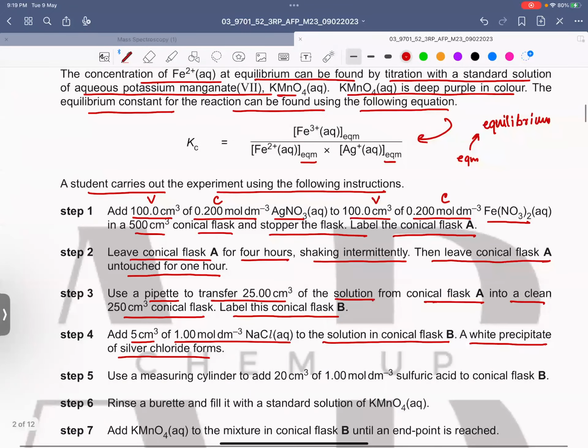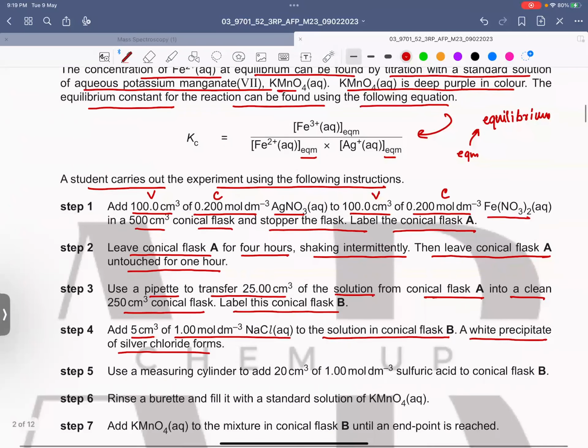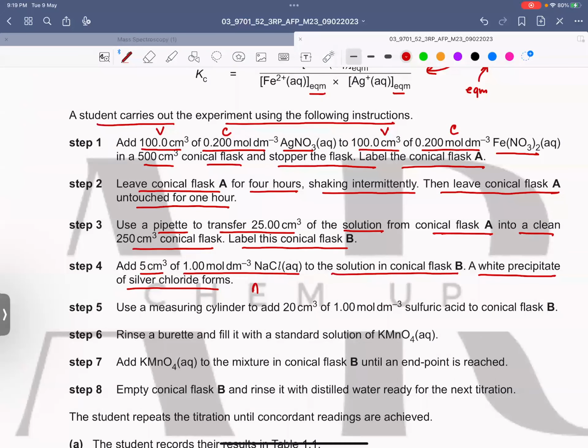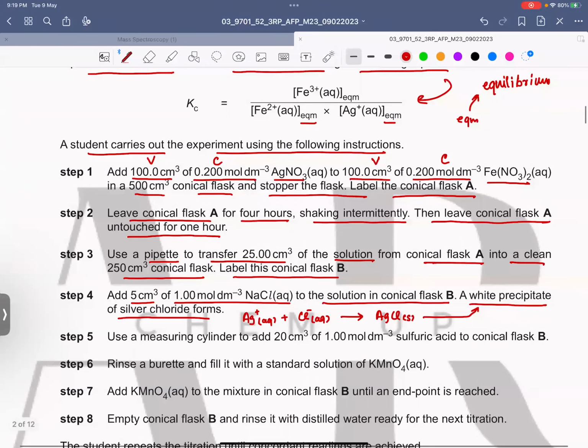And if there are silver ions and we have added sodium chloride, the silver ions from the mixture which are at equilibrium react with the chloride ions to form silver chloride solid, which is a white precipitate. Okay. Is this understandable to everyone till here? Till step 4, is this clear to everyone?